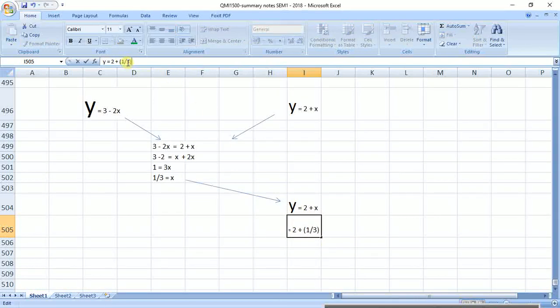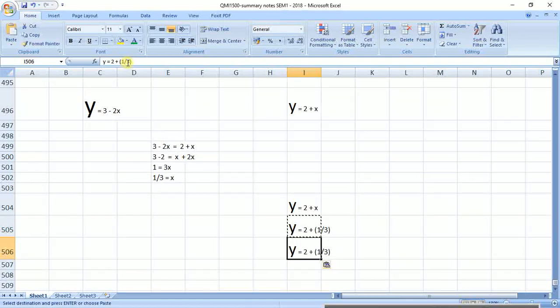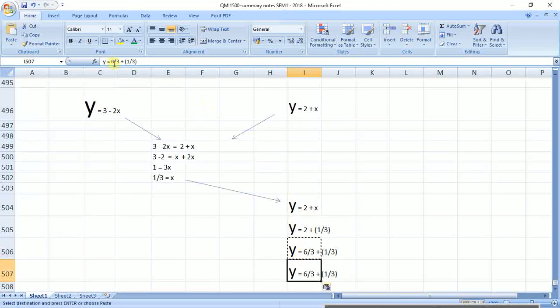So then you use your 6 over 2, 6 over 3. Get your common denominator. So 2 times 3 is 6 over 3. Common denominator. Yes. Y here equals 7 over 3. Is that okay? Yes. Just arithmetic.